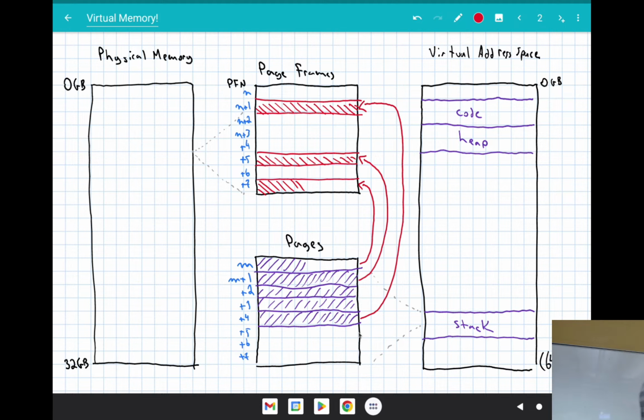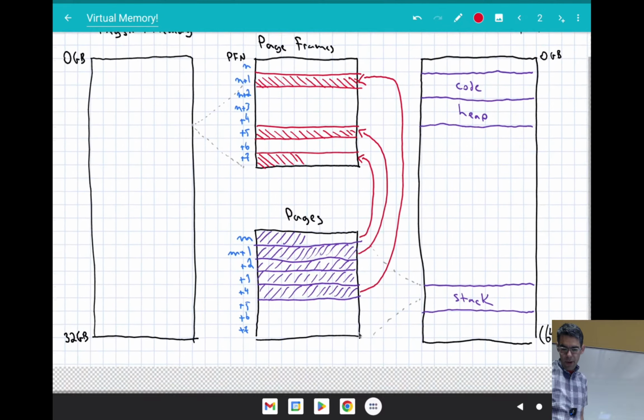Effectively, what we're doing here is taking main memory and treating it as though it is a set of uniform size blocks. Now I'm going to take the virtual address space and write those pages into the page frames that we have in physical memory here.